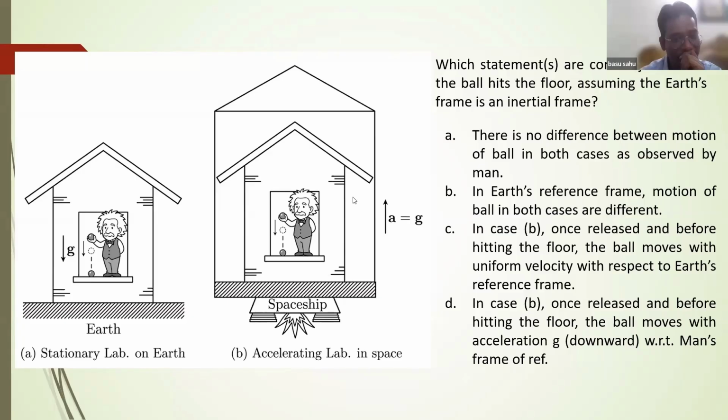What did ma'am say? Mamta ma'am, you have chosen only option B. Why? In option B, in the Earth frame, in the first case, when the man drops the ball, only gravity acts on it.